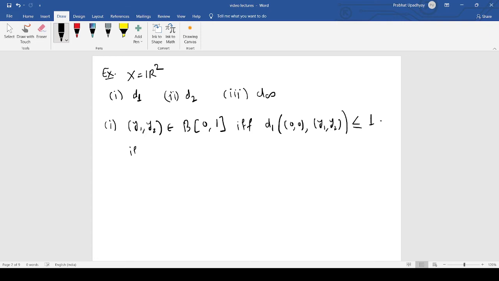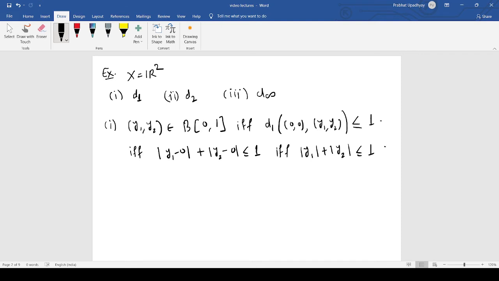By the definition of this metric, this is possible if and only if mod of y1 minus 0 plus mod of y2 minus 0 is less than or equal to 1. This is possible if and only if mod y1 plus mod y2 is less than or equal to 1.